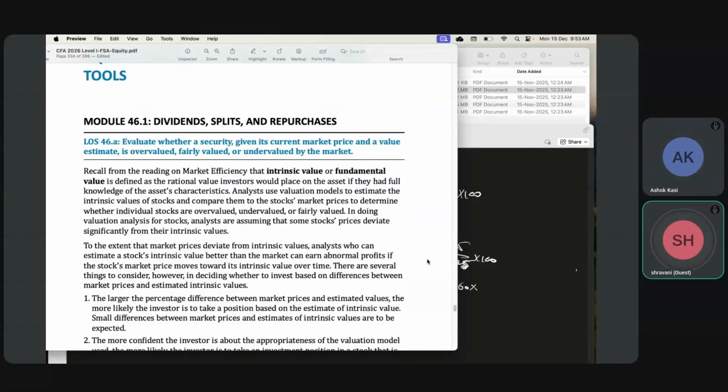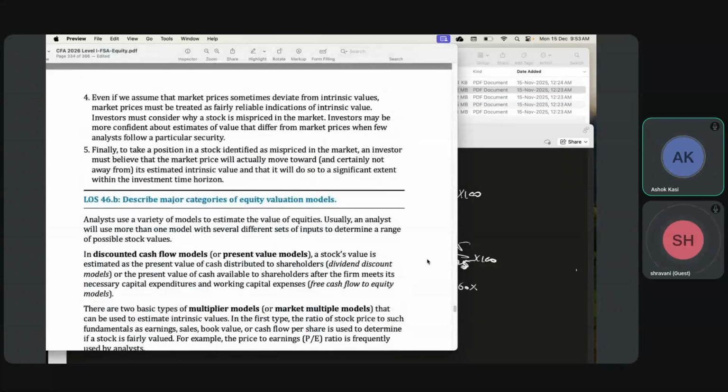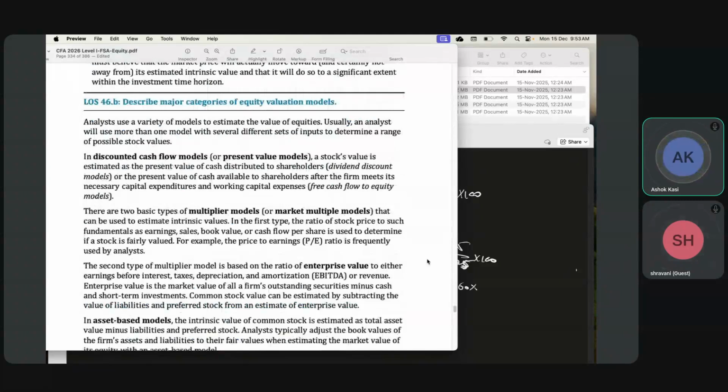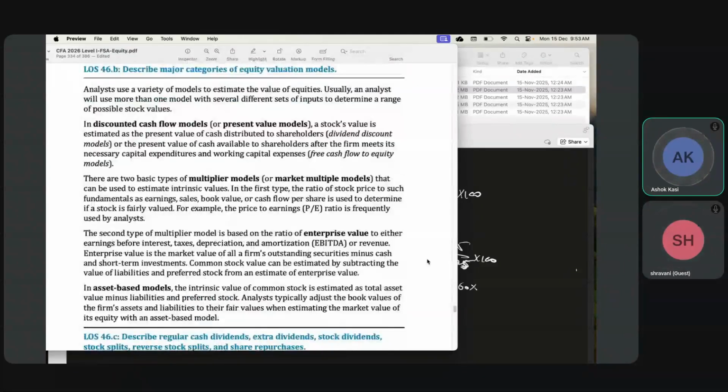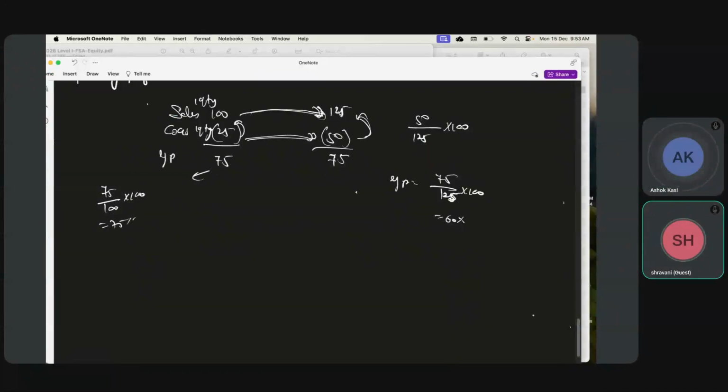So here, yeah, this is again a very important topic, okay? So here, how equities can be priced. Equities can be valued through 4 methods in level 1.